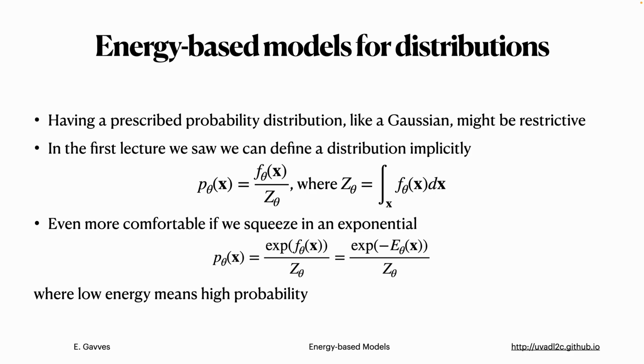Okay, you had a question? And what does comfortable mean here? Like if we squeeze it, we just put the exponential here. It's more comfortable because, as I said, in practice it means that it's very easy to combine it with logarithms in the log likelihood computation. If you didn't have that, you would have to compute logarithms explicitly.